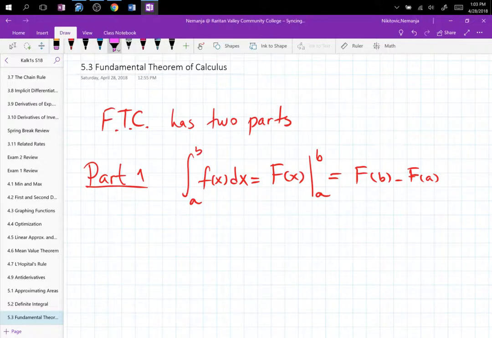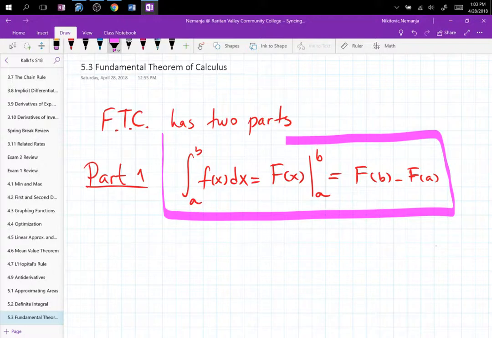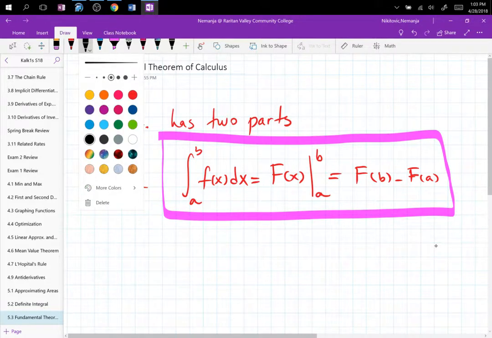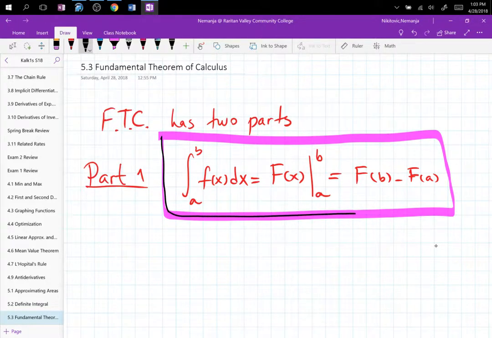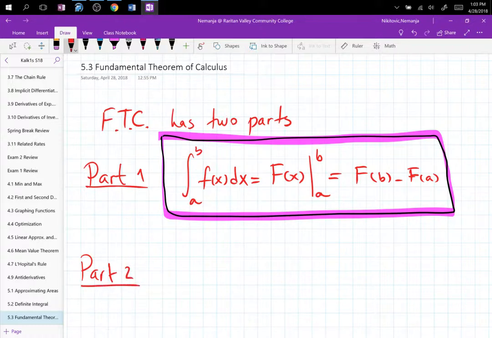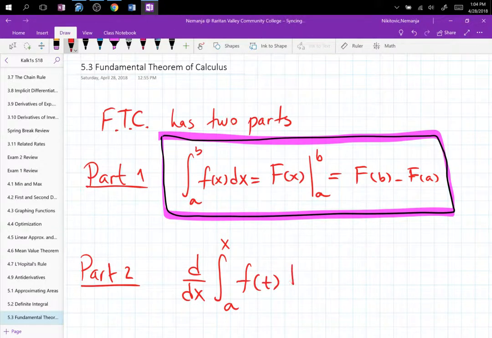So that's our part 1. Part 2 is new. It says the derivative of the integral from a to x of f of t dt is equal to f of x.